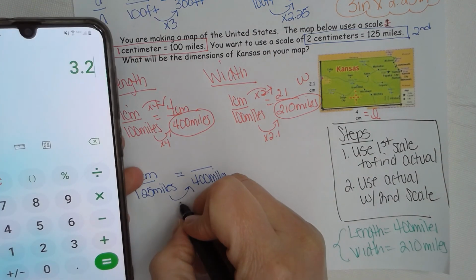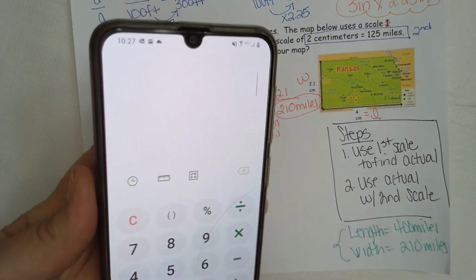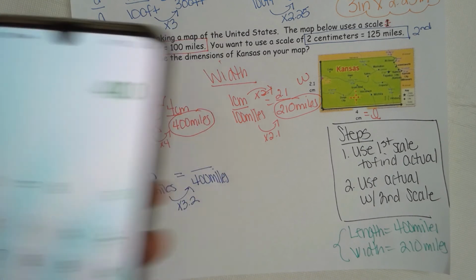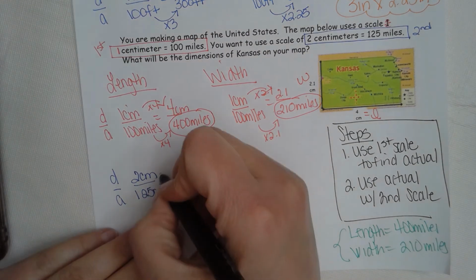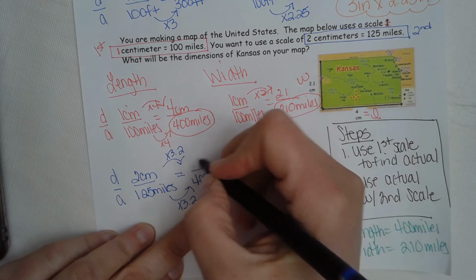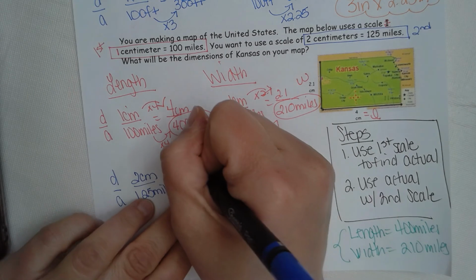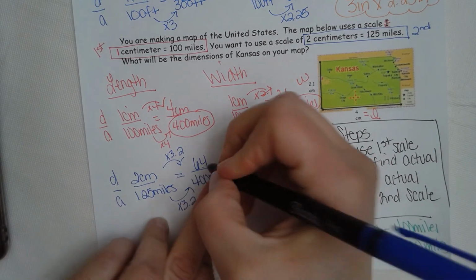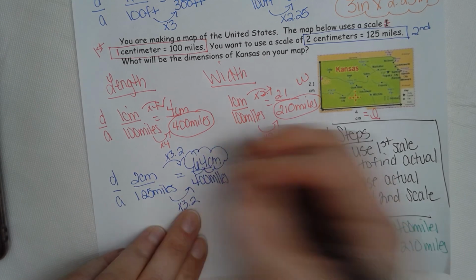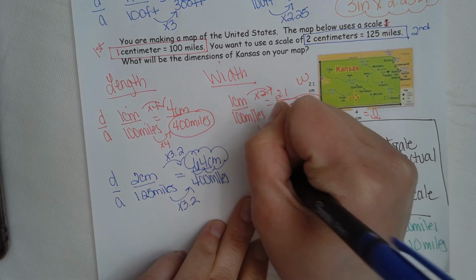That is what we're going to multiply by, and I can double check 125 times 3.2, and that's going to get us our 400. We're going to do the same thing to the top, times 3.2, and let's see, 2 times 3.2, just to be sure, 6.4 centimeters.